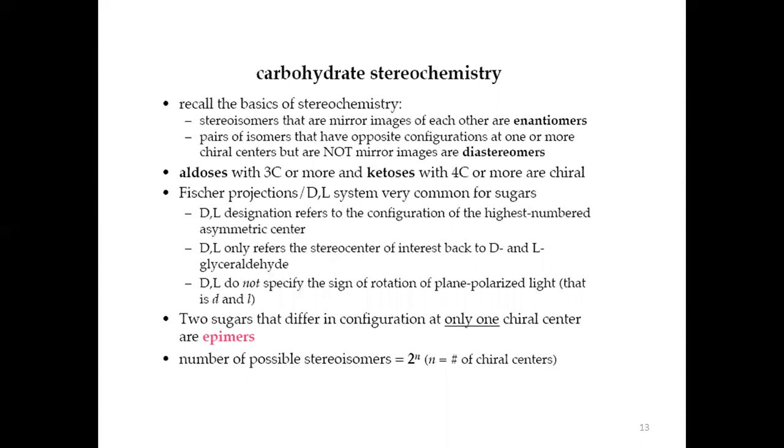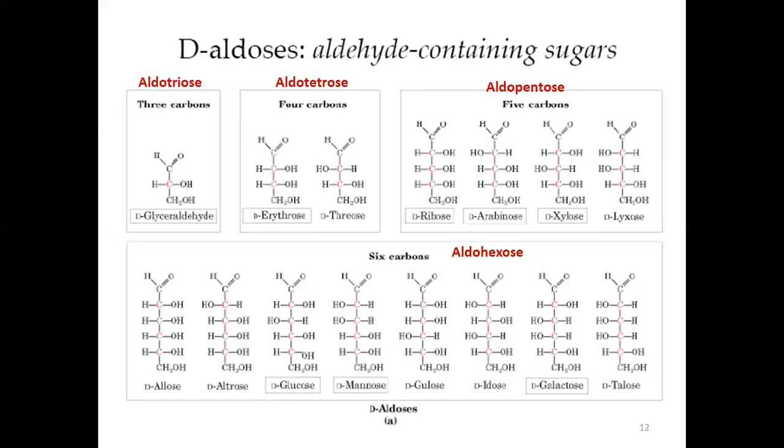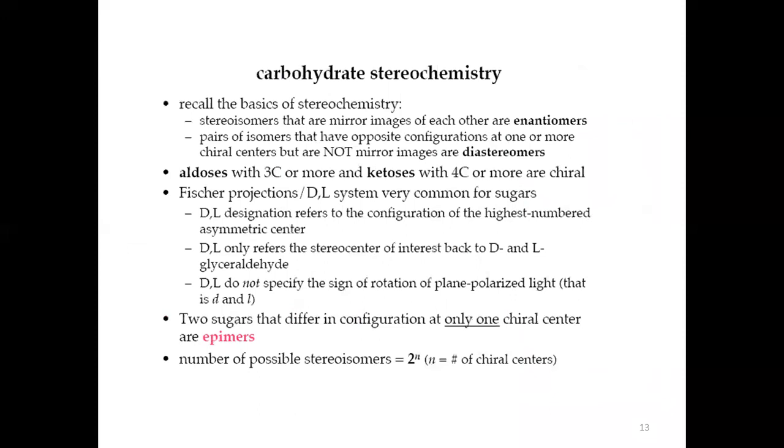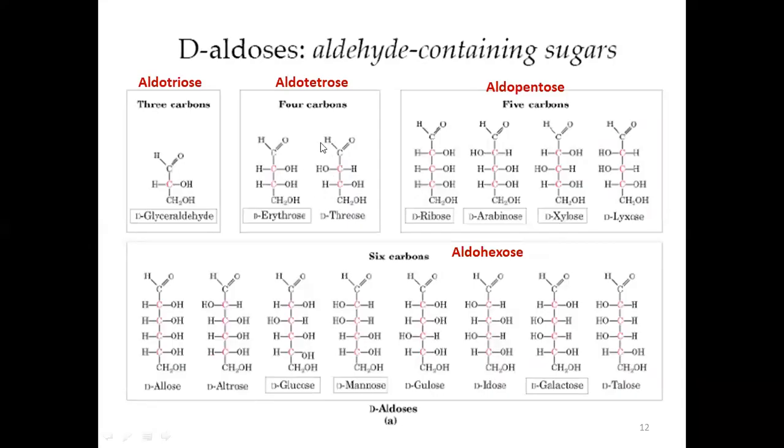So again, as I have introduced to you, these are aldehyde-containing sugars, from 3 to 6 carbon sugars. Now you always have to recall your stereochemistry. What are the enantiomers and what are the D-aldoses? For example, we're looking at this aldopentose here: D-ribose, arabinose, xylose, and lyxose.